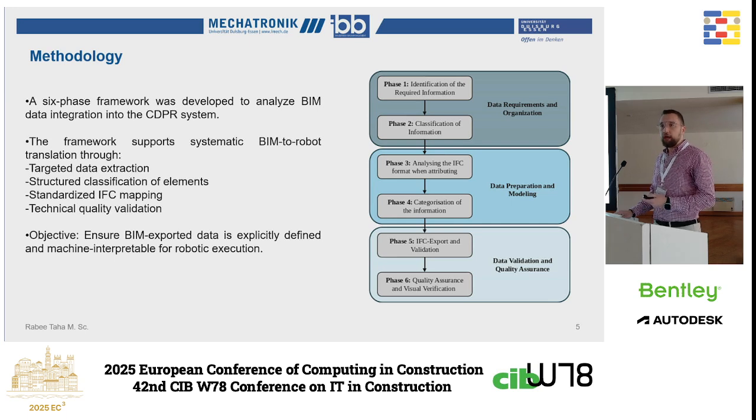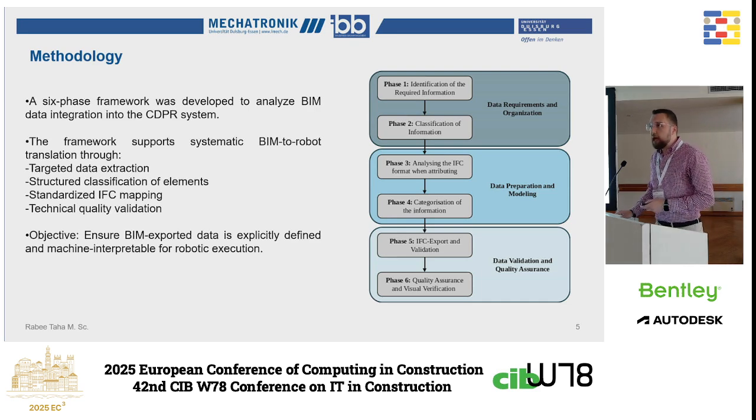The framework can be mainly split into 3 categories, each consisting of 2 phases. The first of which being data requirements and organization. The second, data preparation and modeling. And lastly, the validation and quality assurance.